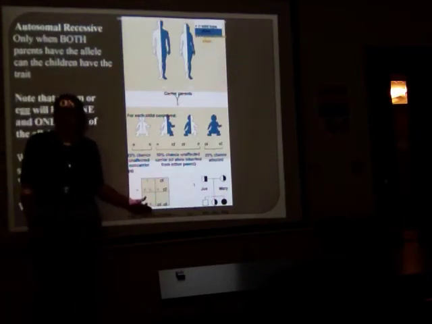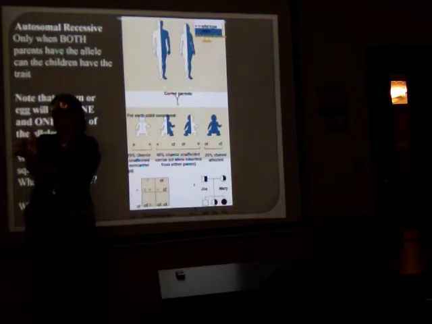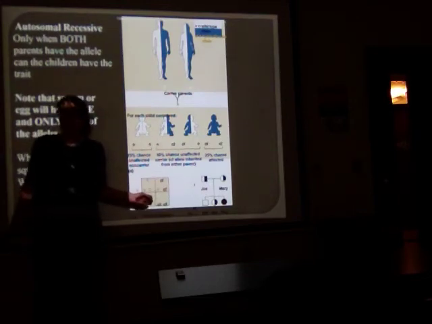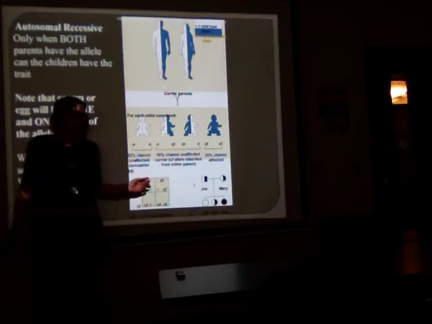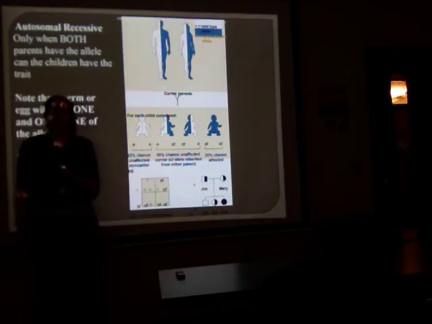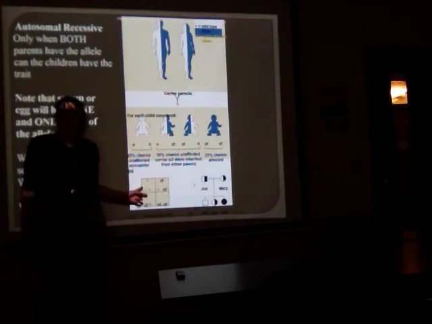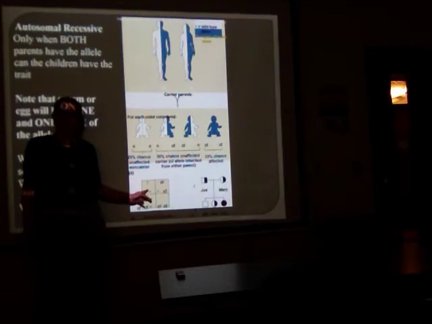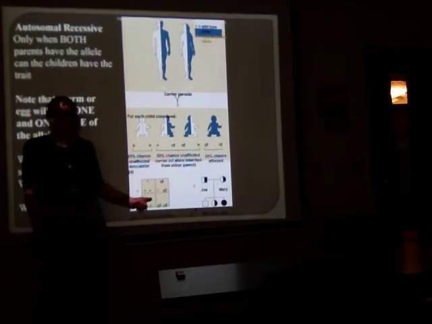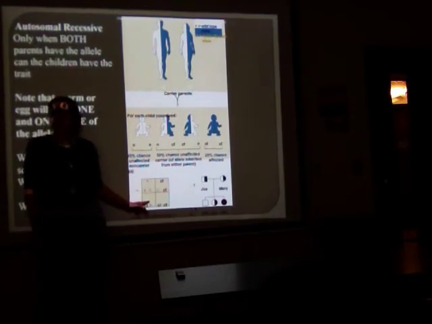It tells me, if I want to know about the genotypes of the kids, the possible, because this is a possibility. This isn't reality, is it? Until they start having kids. So in this situation, if I want to know the genotypes, I would say that 1 in 4, or 25%, is homozygous dominant. 2 in 4, or 50%, are heterozygotes.